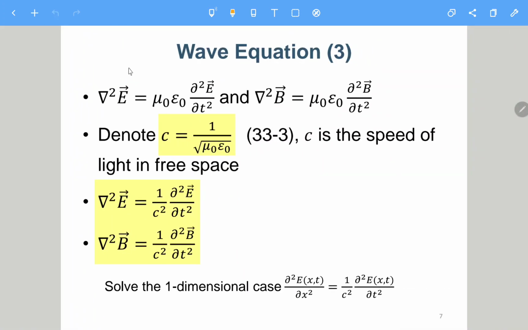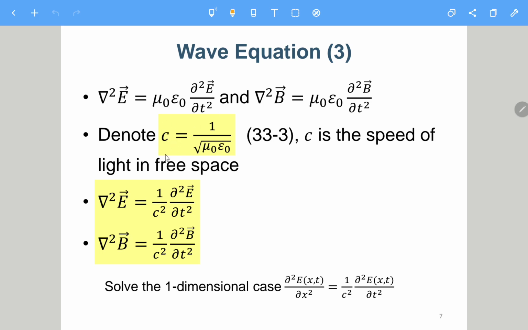So here we have two wave equations, one for the E field and one for the B field. And by solving this one, it will tell you that the speed of this wave, of course it is the EM wave, is called the speed of light, which will be c.